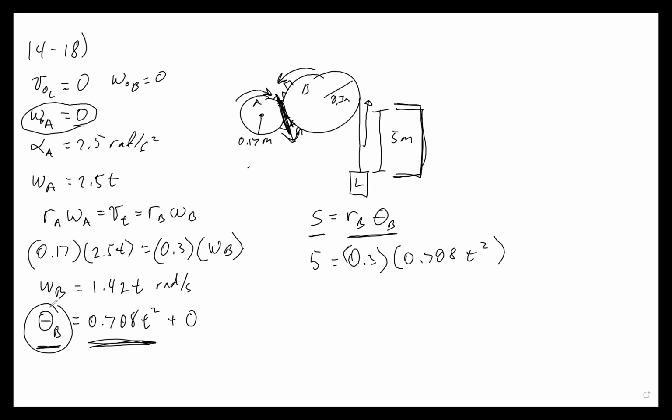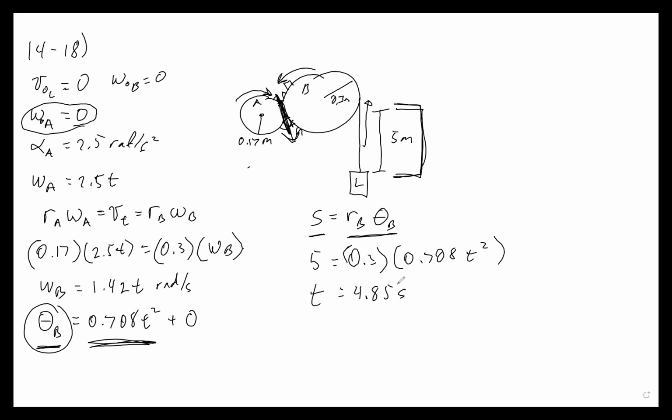Same thing, just a slightly different order. So then t is equal to 4.85 seconds. That's when the load is raised 5 meters. So that's the answer to part A.